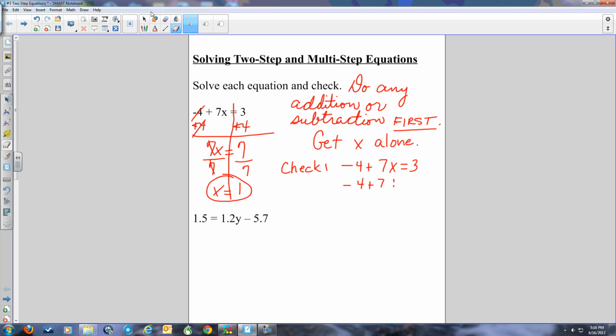My pen keeps acting up here. So we want to know if that works. We can put a little question mark. 7 times 1 is 7. So we have negative 4 plus 7. And does that equal 3? Yes, indeed it does. So that does check.